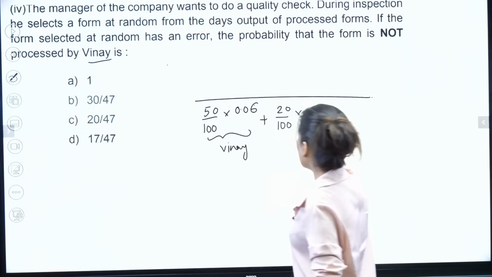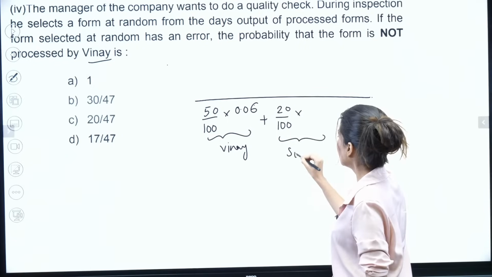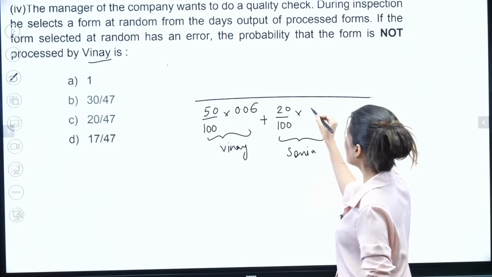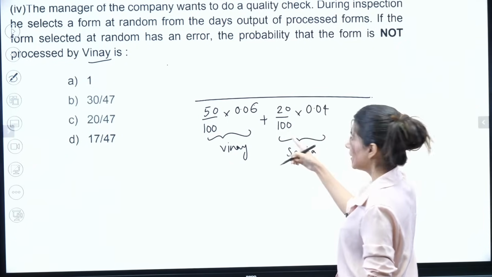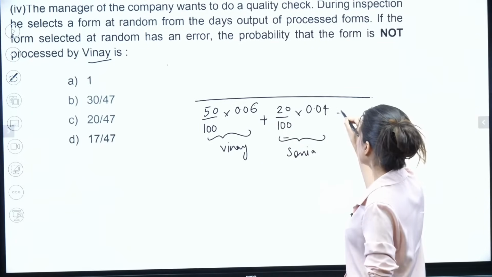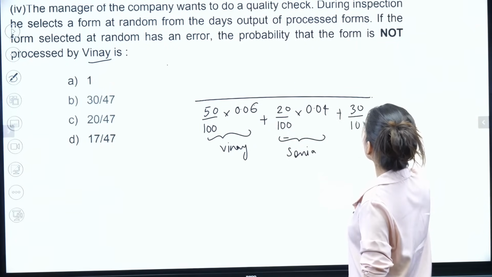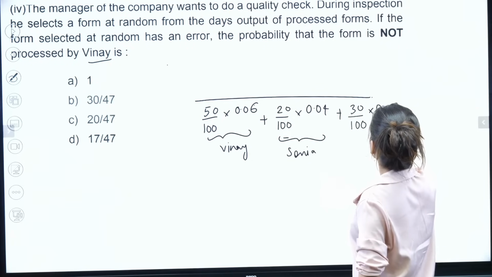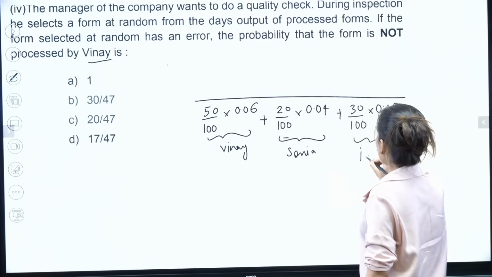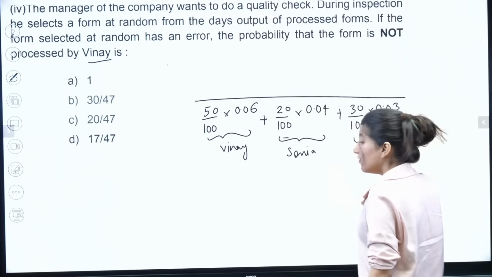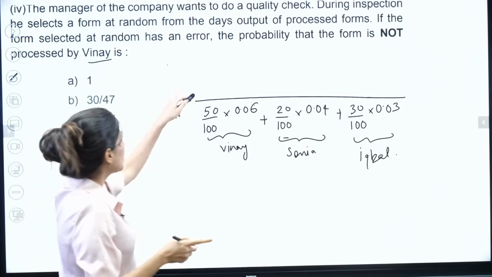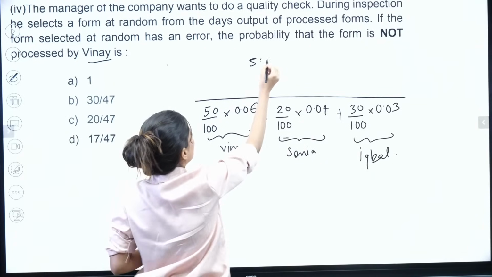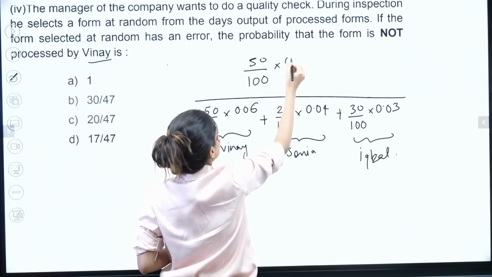And then this is Sonia's. So Sonia ka 20 by 100 into 0.04, selecting a form and committing an error, and 30 by 100 into 0.03 is your Iqbal's. And what we are looking for is Vinay's, that it is processed by Vinay. That means 50 by 100 into 0.06.